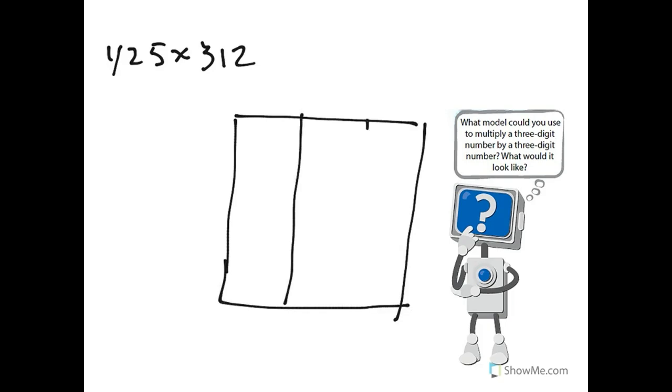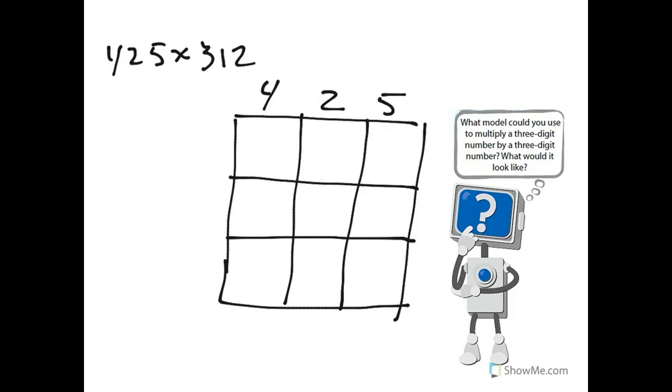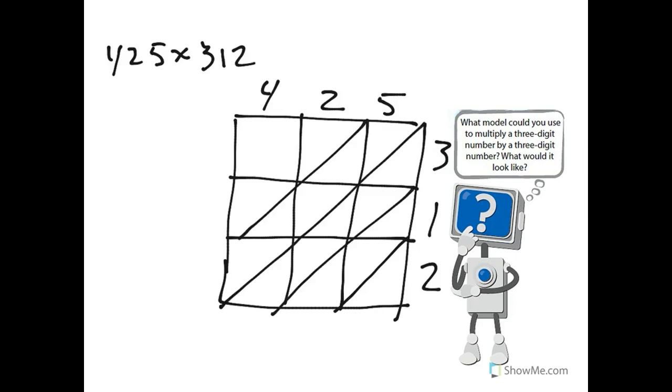Y'all remember? I forgot it for a sec, but now I remember it. It's called the lattice model. So 425, 312. Y'all write this down with me while I'm doing it, okay? See how much easier it would be.